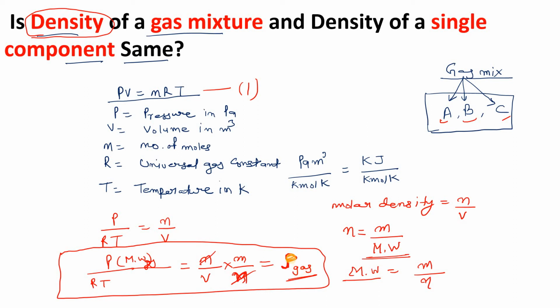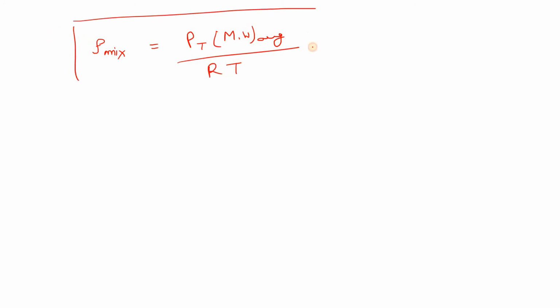So the density of the gas mixture will be equal to P, I am simply writing here P total, times the average molecular weight, divided by RT. This is my formula for the gas mixture.